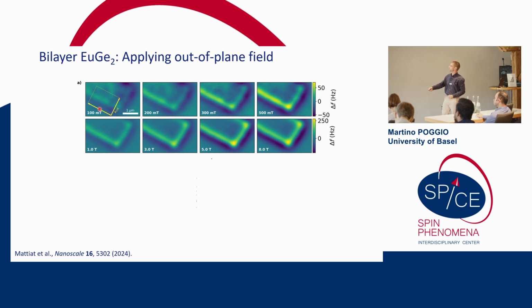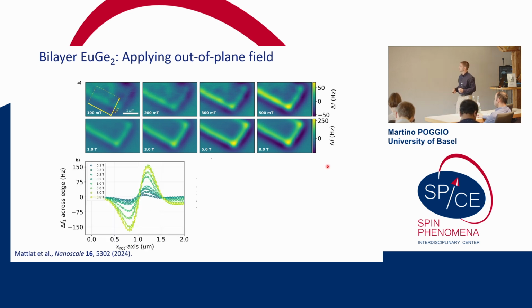Okay, and so what you would expect is that as I raise the applied field out of the plane, you slowly cant all the spins, and you should uniformly magnetize this thing. And because we measure essentially signal around the edges, what you expect is that the edges of your MFM image light up more and more, and that's exactly what you can see here.